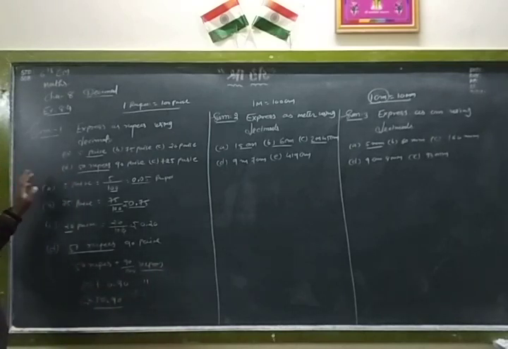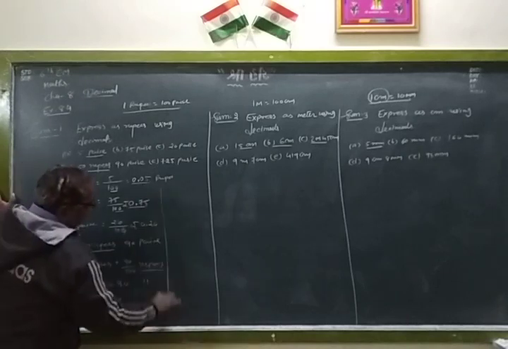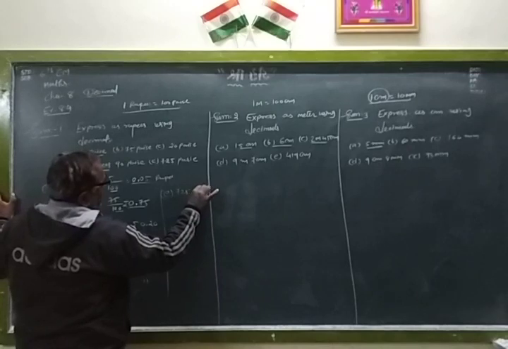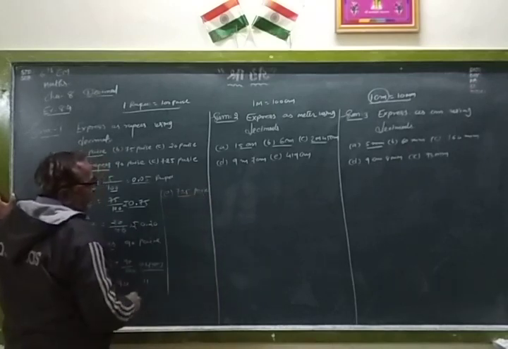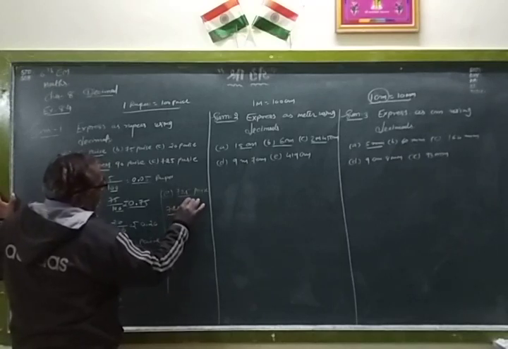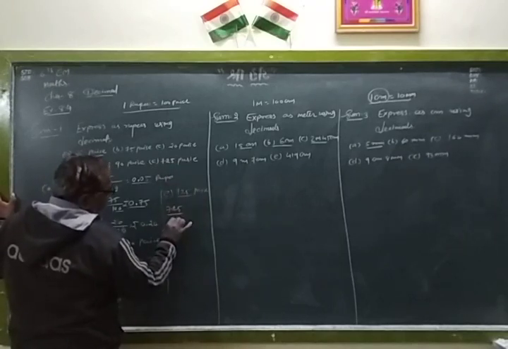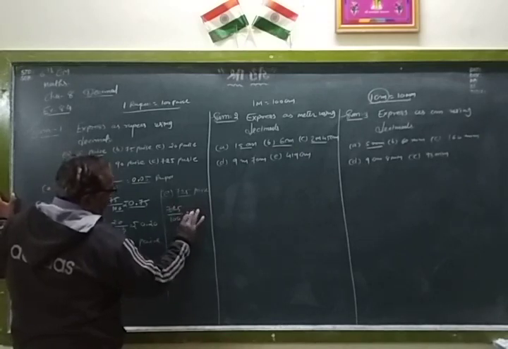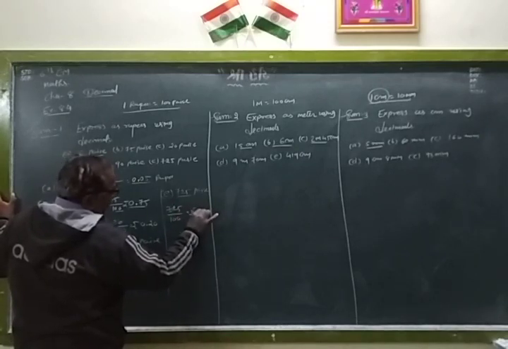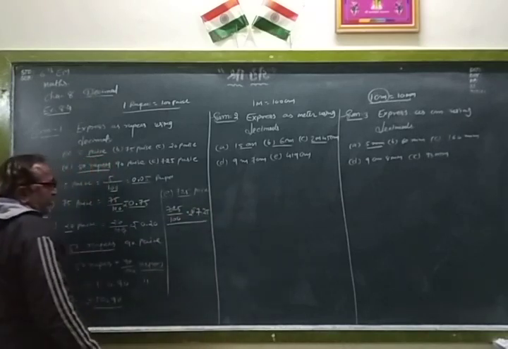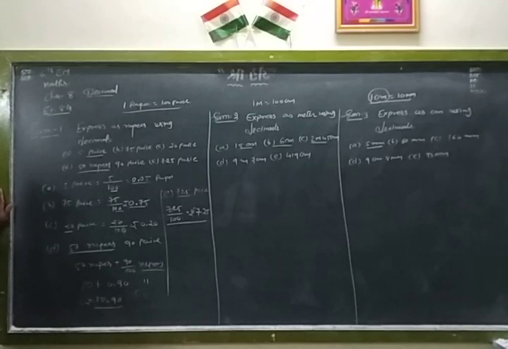Friends, now E, 725, meaning 725 paise, directly convert into rupees. Therefore, to convert into rupees, divide by 100, cut the point after 2 places, so rupees 7.25. Here sum number 1 is completed.